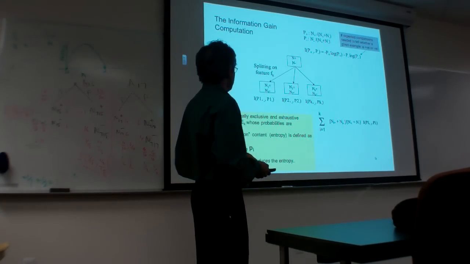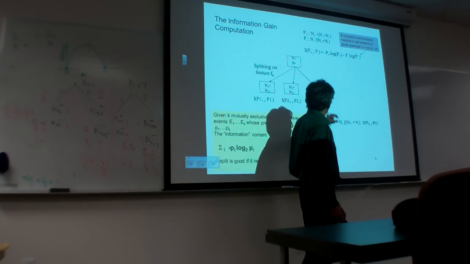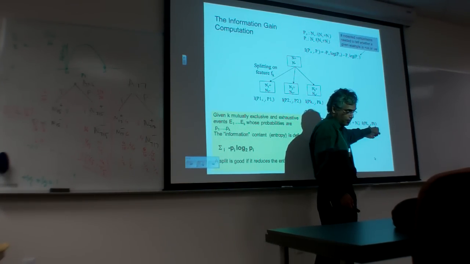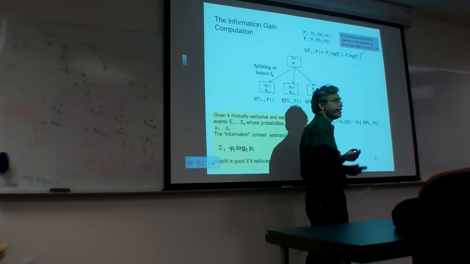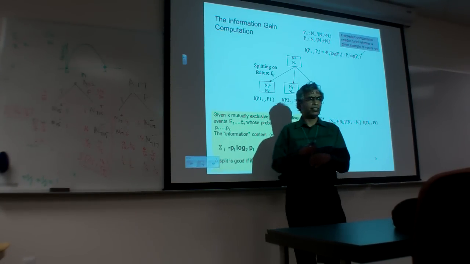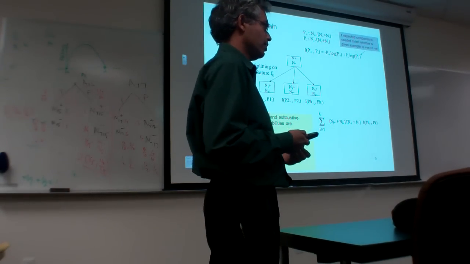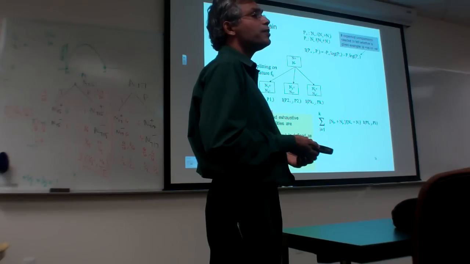So for the ith entry, this is the entropy, and I multiply that entropy by the probability of falling into that branch, which is ni plus ni minus by n plus n minus. And that would give me the expected entropy after asking this question.